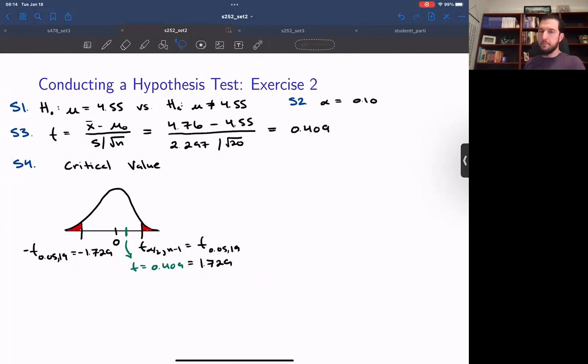Okay, so that would be our critical value approach. And we can see that the test statistic does not get into either rejection region. So as a result, we are not going to reject the null hypothesis based off of this test statistic.